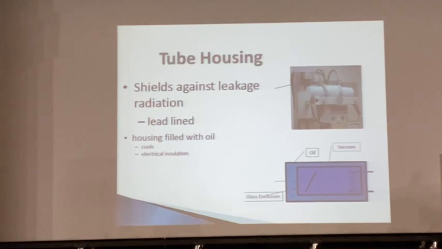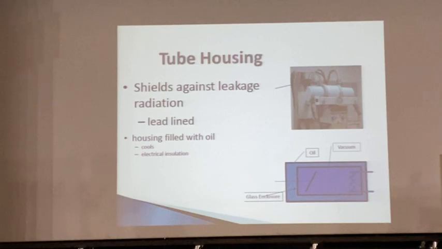So the glass envelope should be shielded by a heavy metal, which is lead. This shield prevents the leakage of the X-ray. It is a must to have a lead shield for prevention of leakage, and it should also be lead lined to direct the X-ray toward one point.